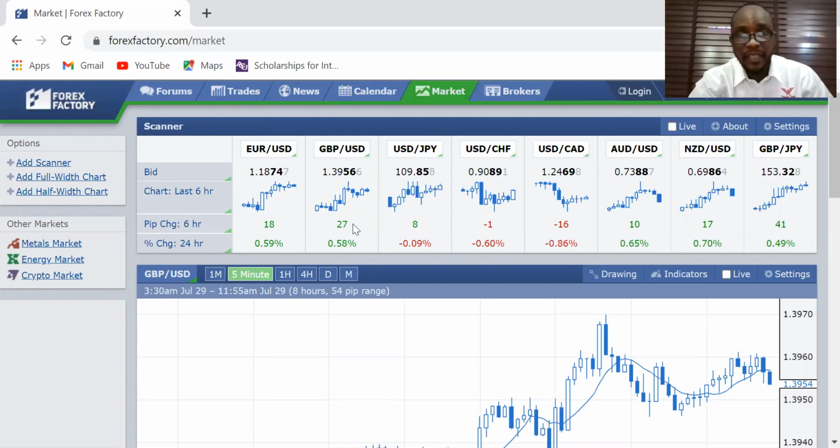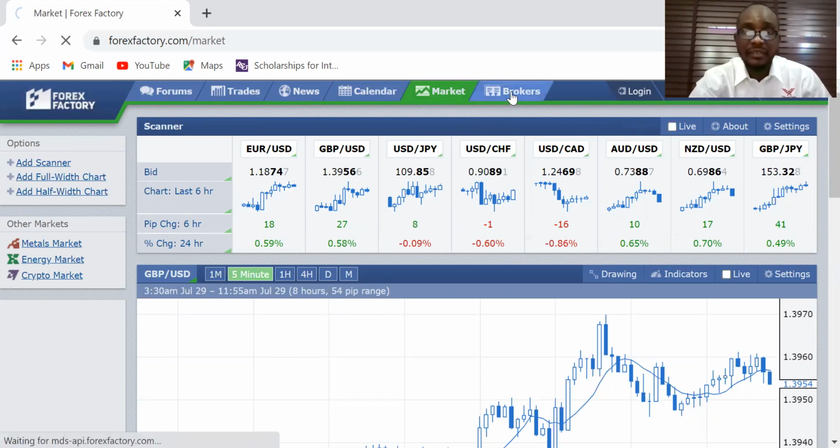GBP USD is buying. Okay, look at this now. This is USD JPY. It's buying, but it's not a strong buy yet. USD CHF clearly showing that this market is coming down for a sell. USD CAD is coming down for a sell. AUD USD is going up for a buy, etc. You can see the markets from here, then choose what you want.